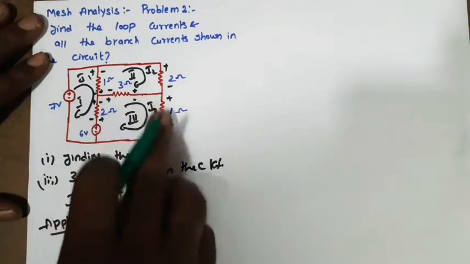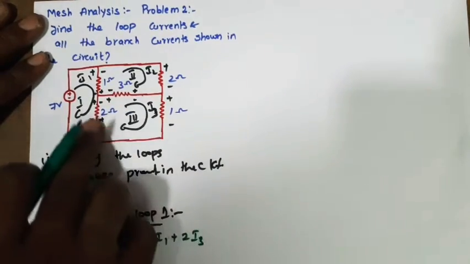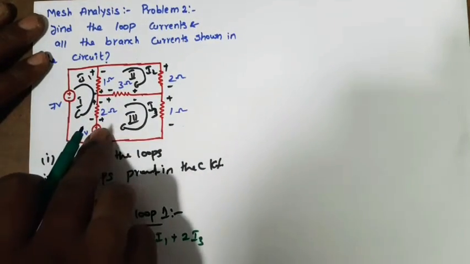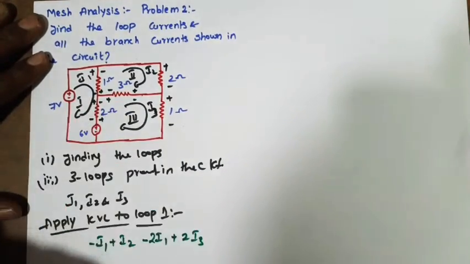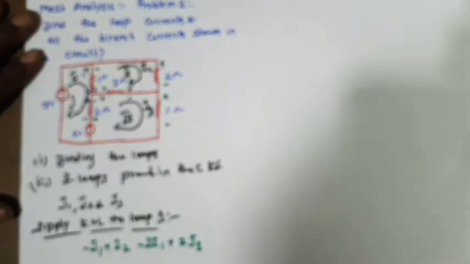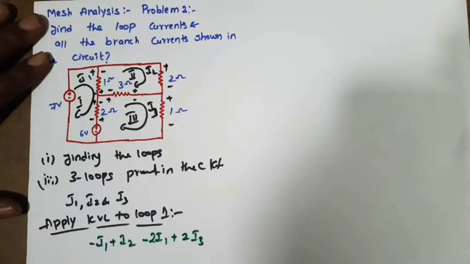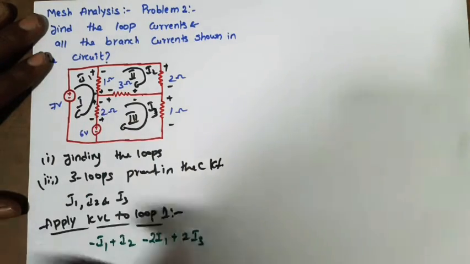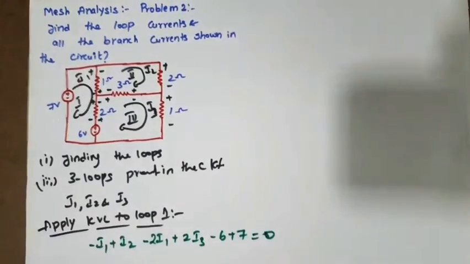Why? Because the I3 current is also flowing through the 2 ohm resistor, entering the positive terminal and leaving the negative terminal. Am I right? That's why. And the next one is minus 6 plus 7 equals 0.